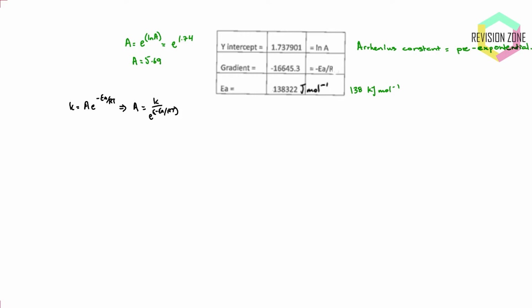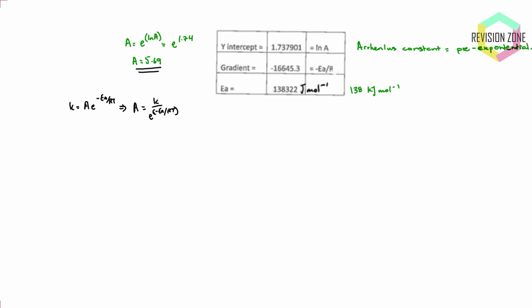And basically, for a particular temperature, you'll plug in the rate constant from your table, work it all out, and you should get the same, if not a similar, value to the Arrhenius constant or the pre-exponential factor there. So I hope that makes sense.